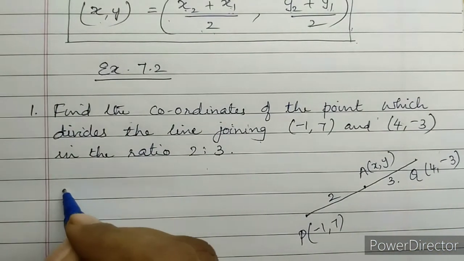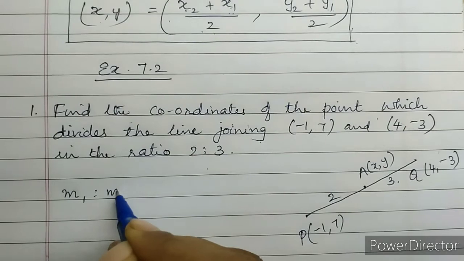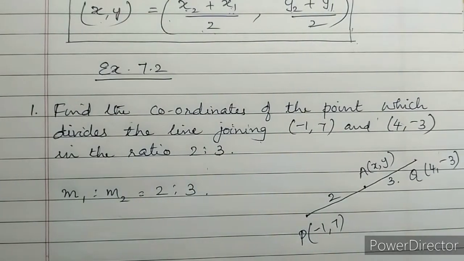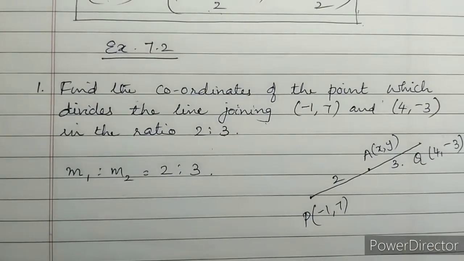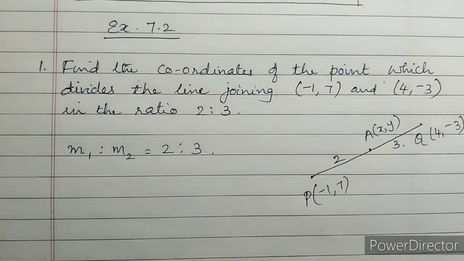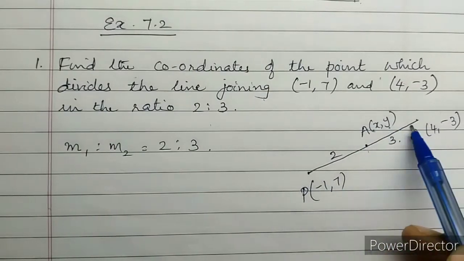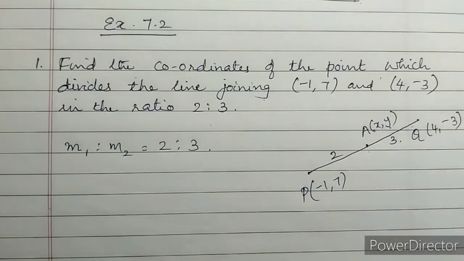So ratio means m1 is to m2 is equal to 2:3. And P and Q are also given. Now you can use the section formula to find the coordinates of A, which is dividing the line PQ in the ratio 2:3.